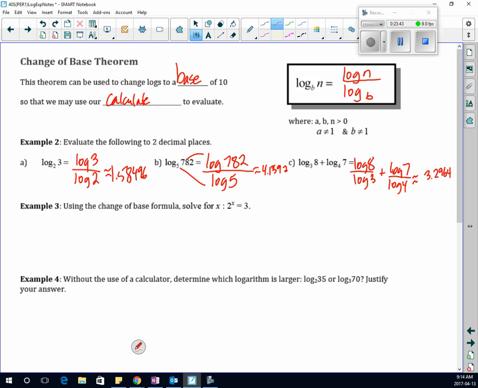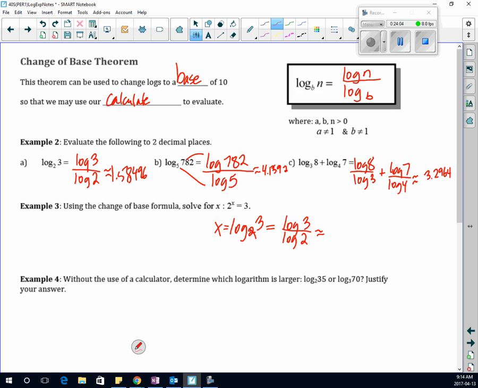The exponent x equals log of 3 base 2. Okay, how would I use the change of base theorem to evaluate this? This would be log of 3 divided by log of 2.